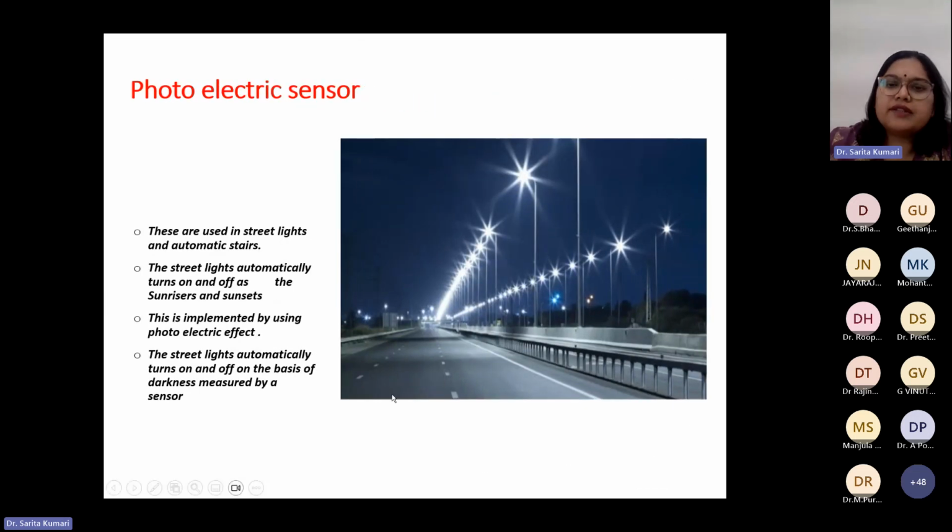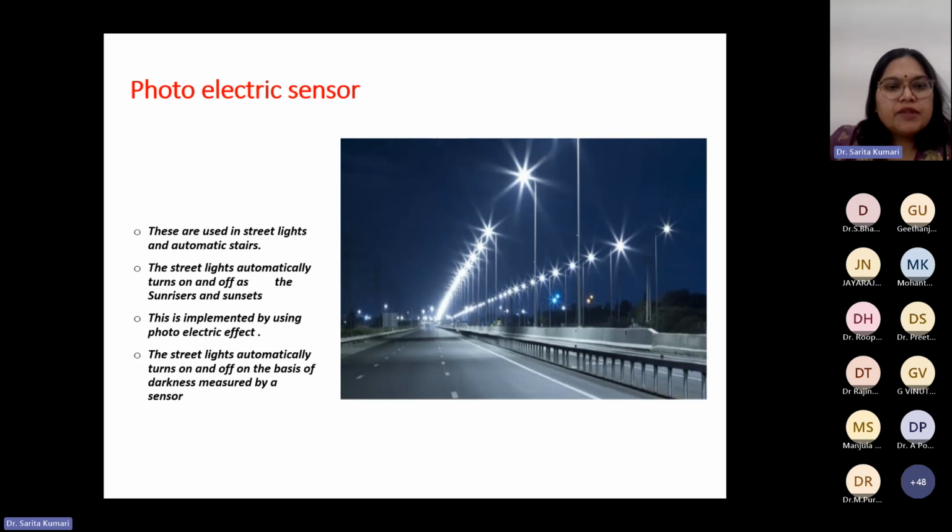Then again, photoelectric sensors are being installed on highways and on street lights nowadays by the government. This is solar based, or you can say photoelectric sensors are there, which will automatically turn on when there is no light, or during night time it will be on, and during morning time it will be automatically switched off.